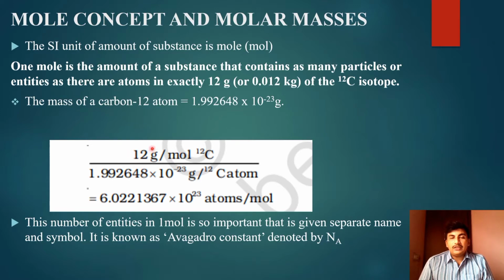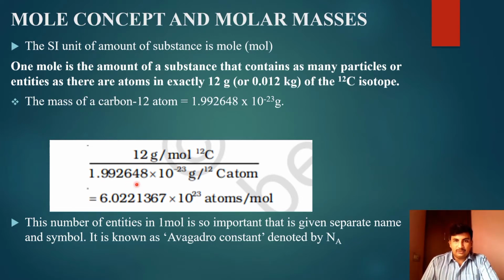Now if you divide 12 gram per mole of carbon 12 by the mass of one atom of carbon 12 isotope, we get one constant, the Avogadro constant or Avogadro number, that is 6.022 into 10 to the power of 23 atoms per mole. It is very, very important.